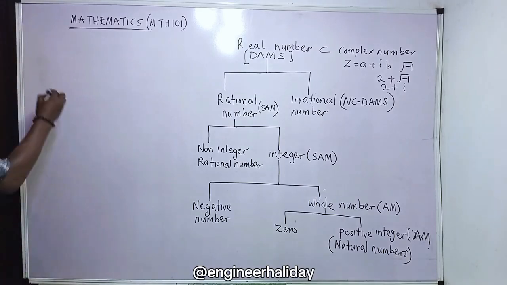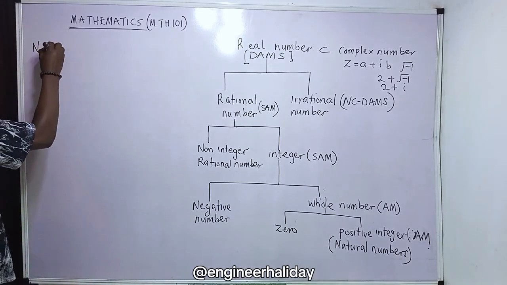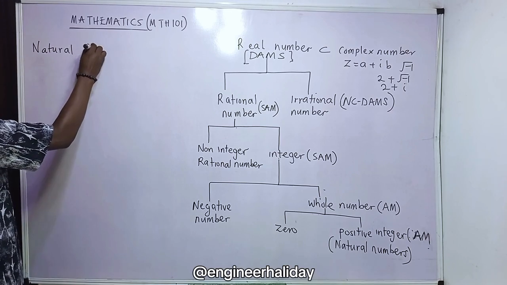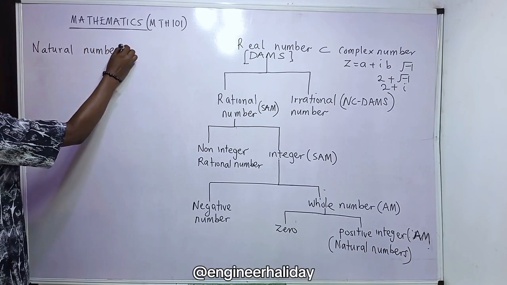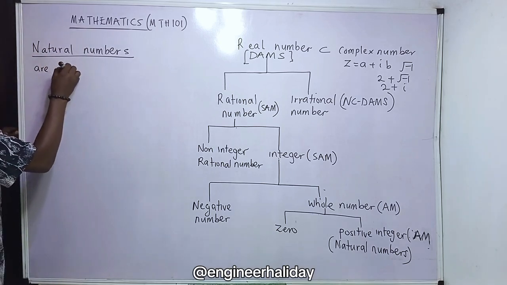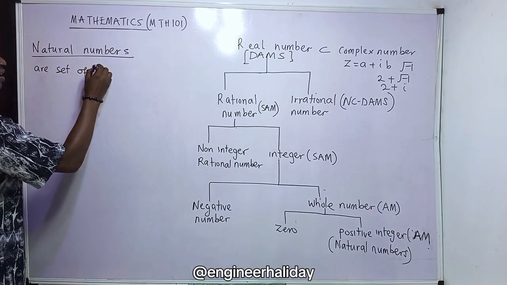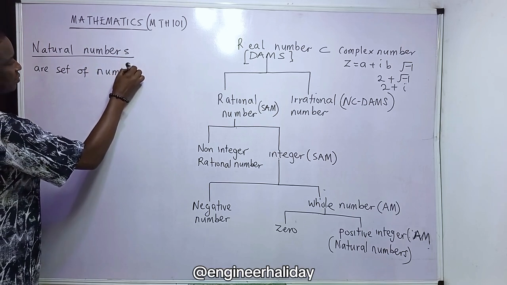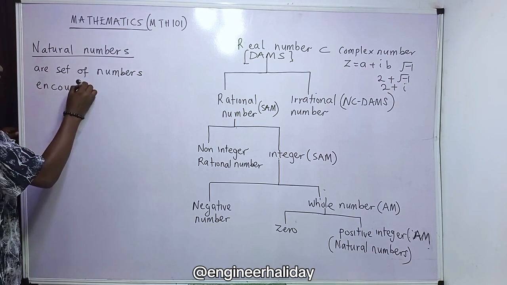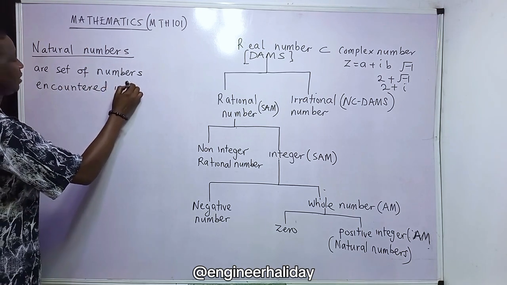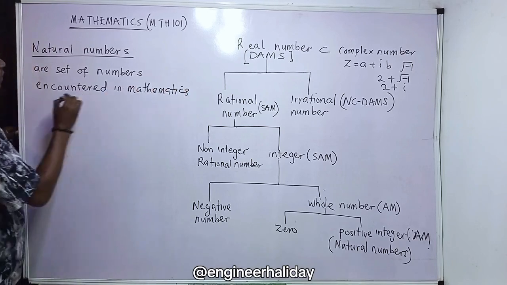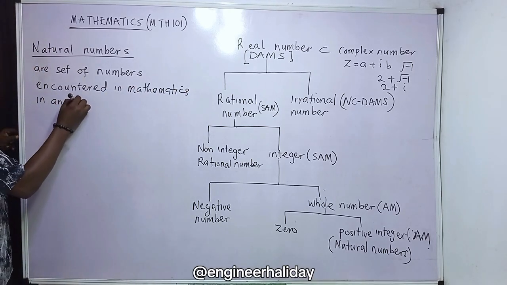But let me pick it one by one. Let's talk about natural numbers. Let me start from that one. Natural numbers are the set of numbers encountered in mathematics, in our world, our everyday life.